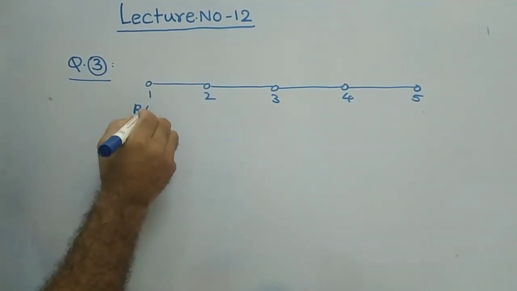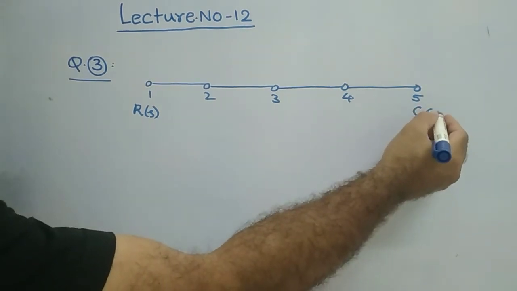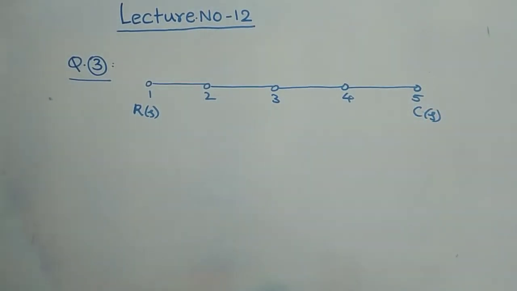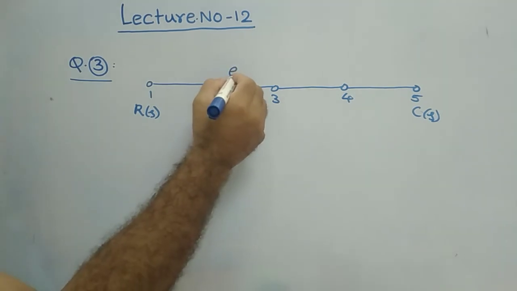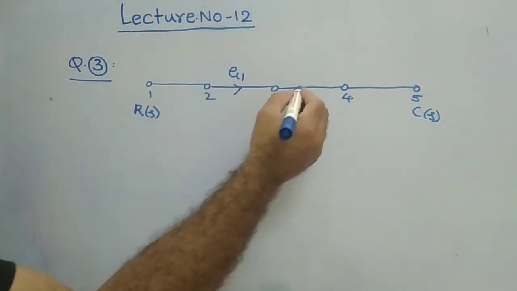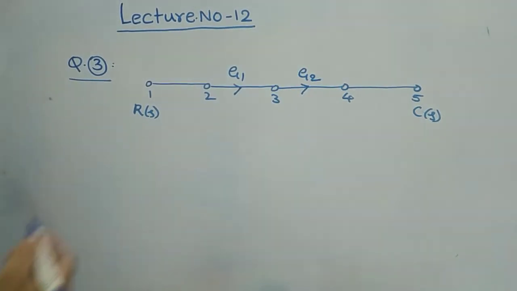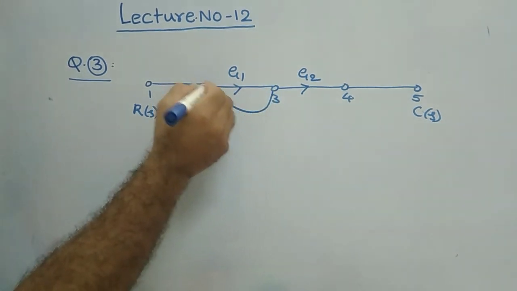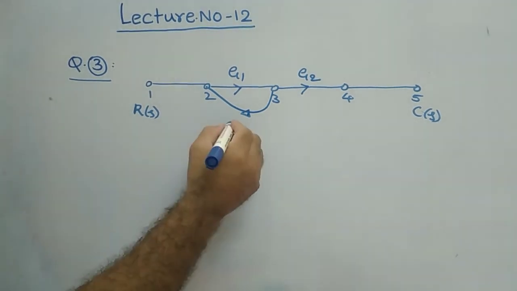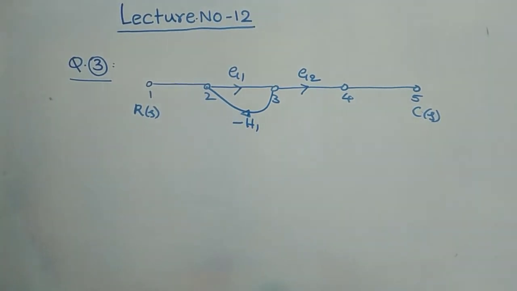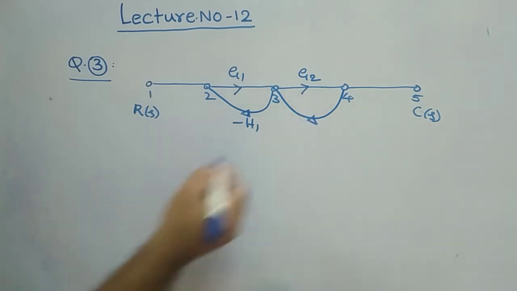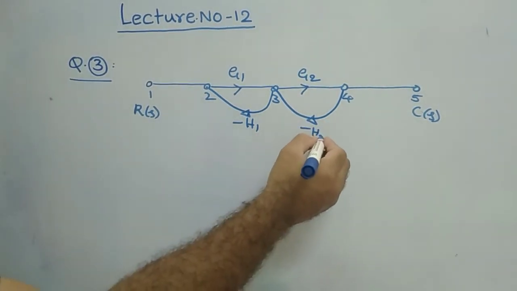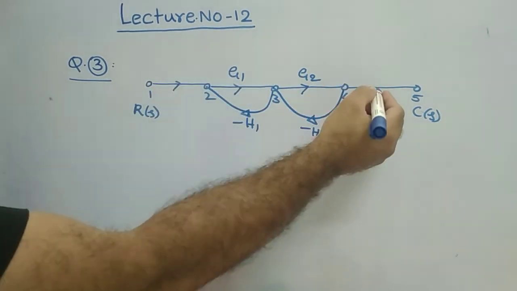And obviously this is your R of S, and this is your C of S. Then between 2 to 3 you have your gain as G1, and between 3 to 4 you have your gain as G2, and then between 3 to 2 you have the feedback gain, with negative feedback, H1, and then from 4 to 3 you have minus H2. That's all. They have given it like this only.